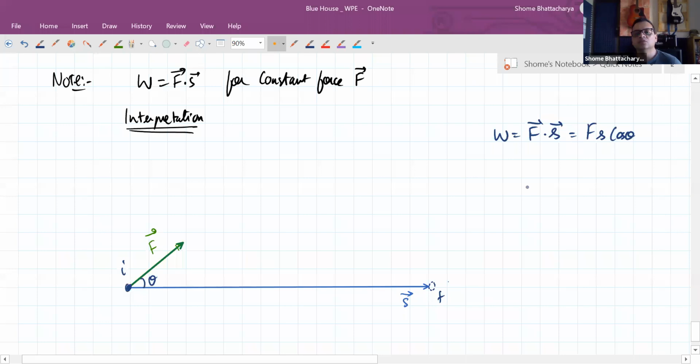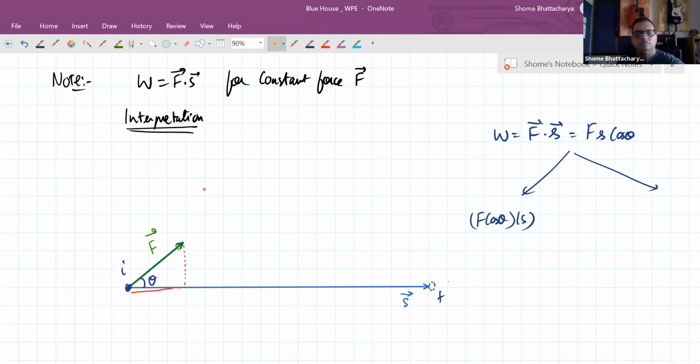Now we can think of this in two ways. We can think of it as F cos theta into S. So if we think of it like that, what we are doing is we are taking the component of force along the displacement. This is our F cos theta.